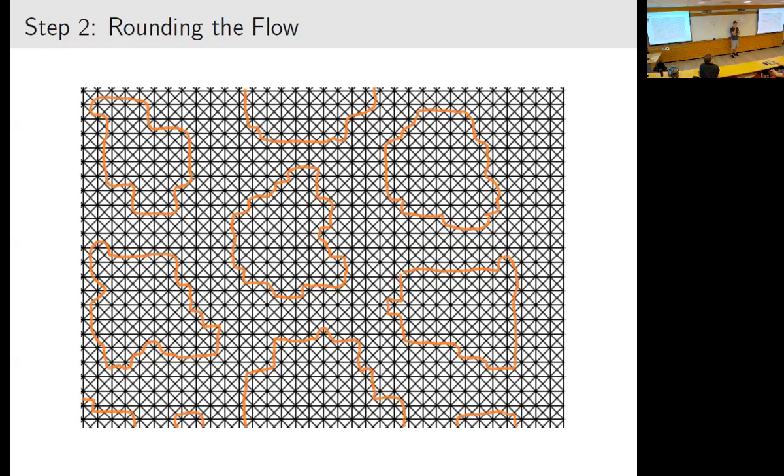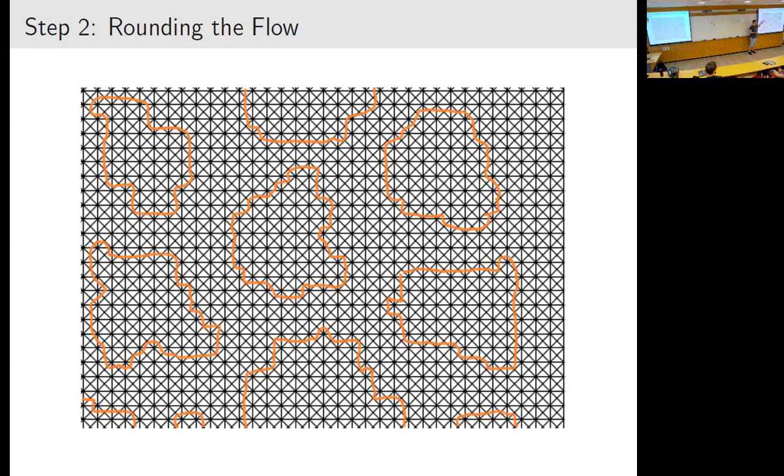At a very high level, here's how the rounding works. I'm going to take a subset of the torus, which when I look at the graph, this sort of structure, breaks up into blobs. Look at these orange blobs, which cover a high percentage of the vertices, let's say.